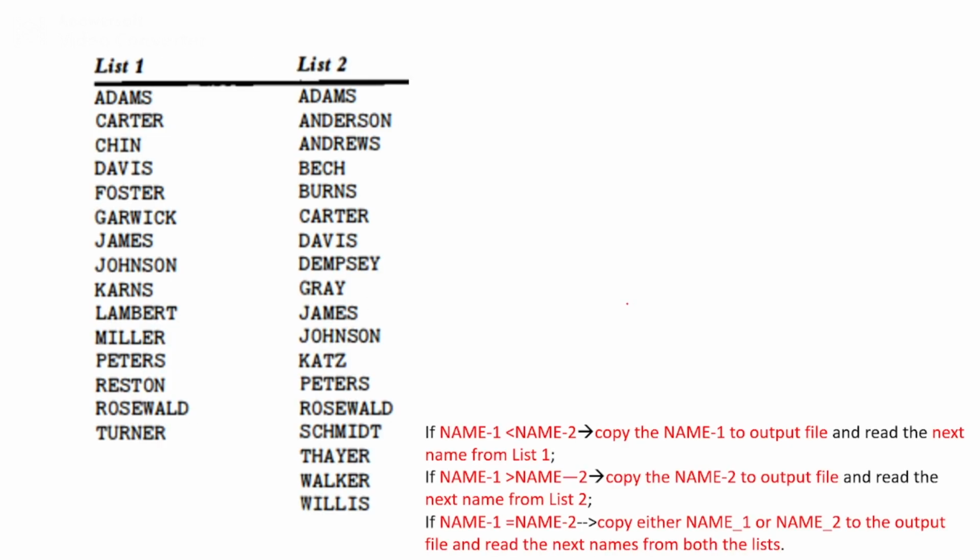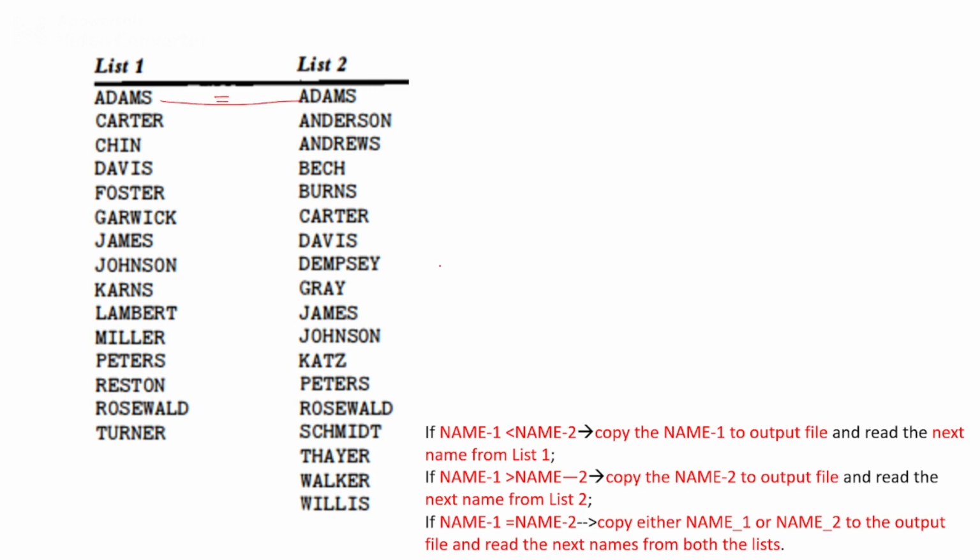Okay, so let us go for the example now. I'll take the same example we used in the previous matching process. List 1 contains Adams through Turner. The same list I have taken for list 2 also. This will be name 1 and this will be name 2. I will compare these two.